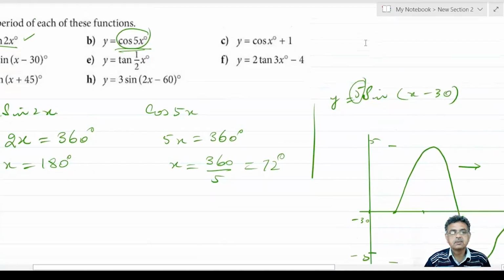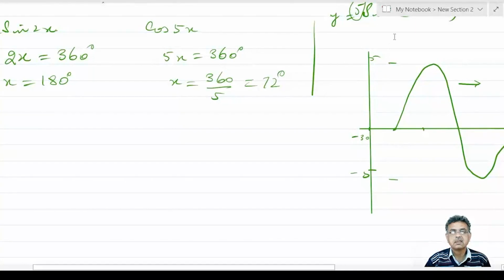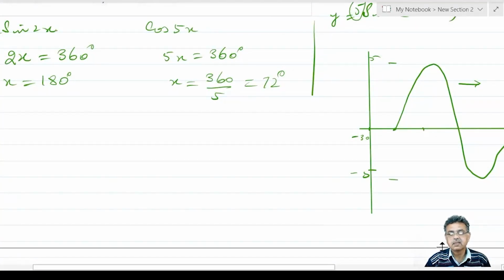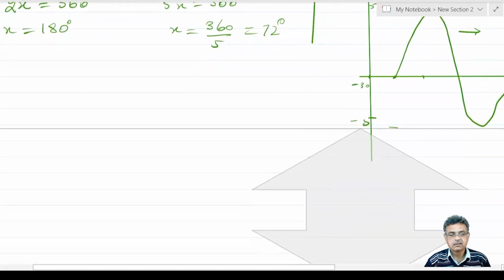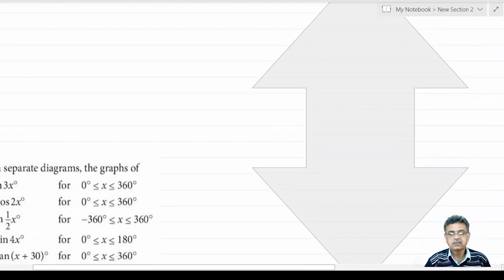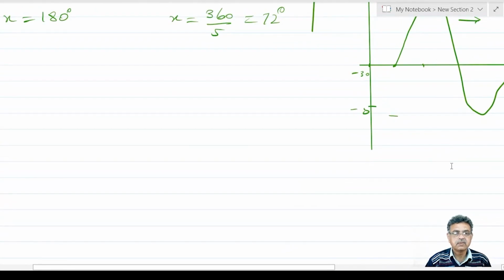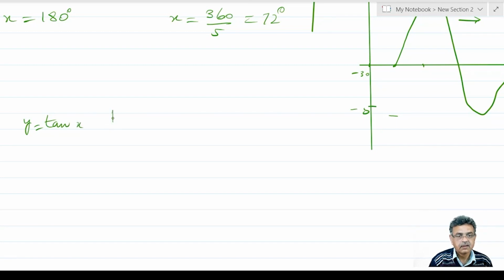Now we will talk about the graph of tangent x. Its cycle is completed in 180 degrees, because of the graph of tangent x we had drawn. I am making a very rough graph this way.